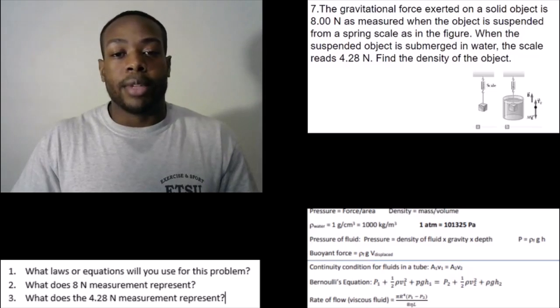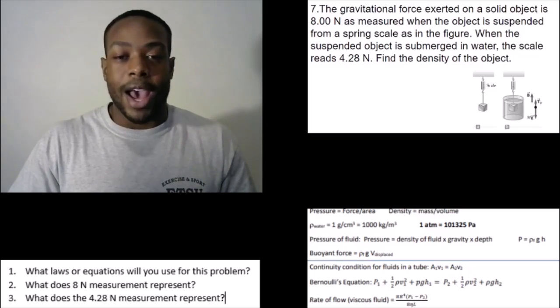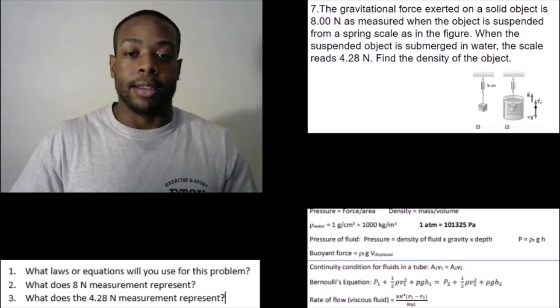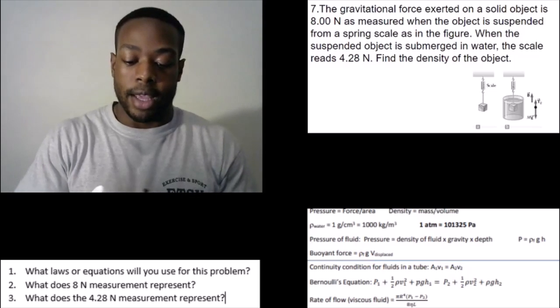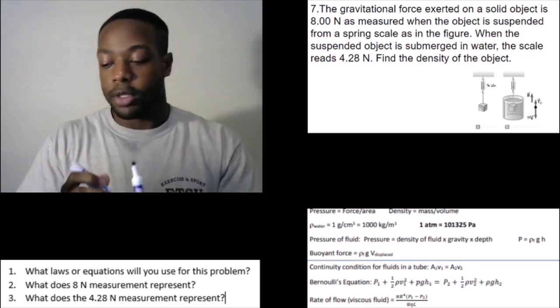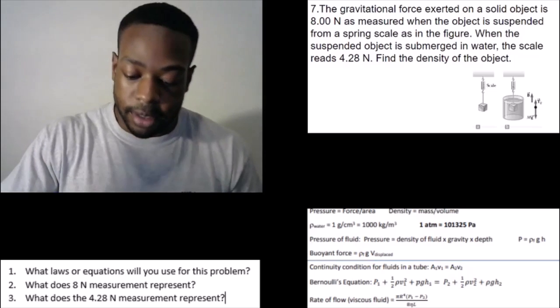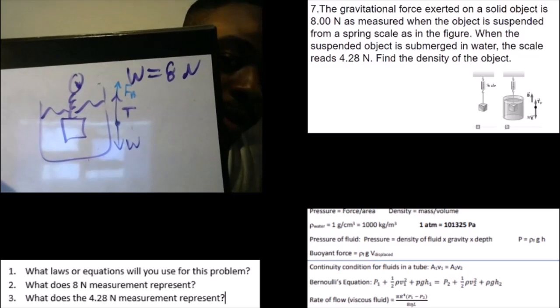Anytime we have an object in a fluid, displacing that fluid, we have what force acting on it, going up? And that would be the buoyant force. So on our free body diagram, we can write buoyant force, tension, and weight, right? So here's my new free body diagram.